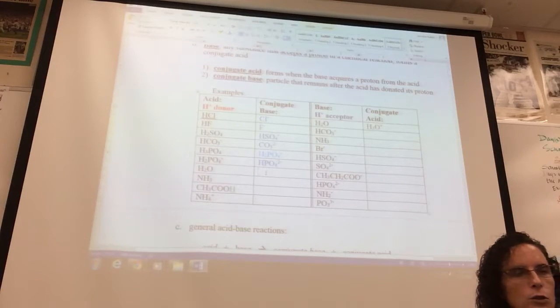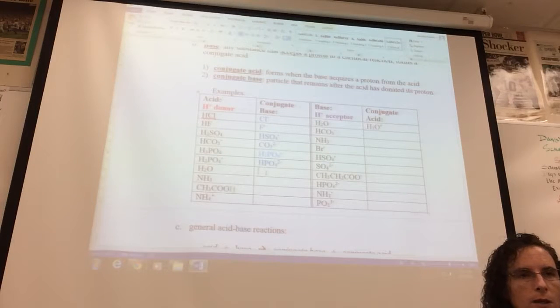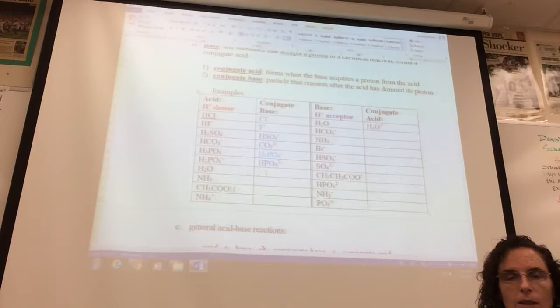Now water's very interesting. Everybody's like, water's neutral. Water has the ability to act as an acid or a base. We refer to substances that can act as acids or bases as either amphoteric or amphiprotic. Like ambidextrous. Ambi means both. So somebody who's ambidextrous can do things with both hands.